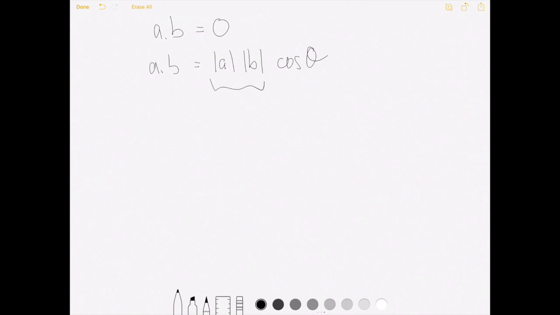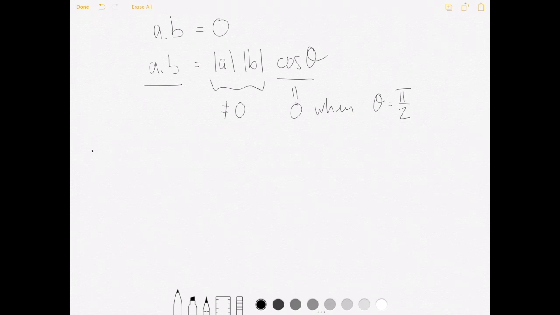Assuming A and B are non-zero, so they have magnitude greater than 0, then to make this 0, the cosine of the angle between them must be 0. And that equals 0 when theta equals pi over 2.